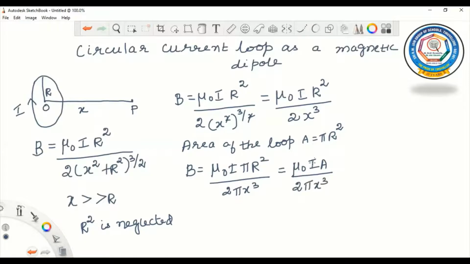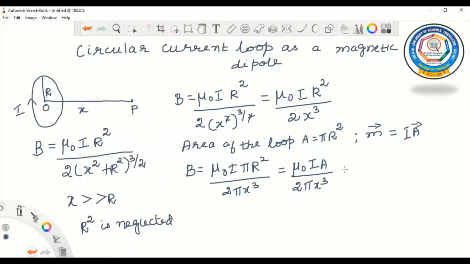Hope all of you remember we discussed magnetic moment in the previous topic. M is equal to I into A. What is this M? M is nothing but the magnetic dipole moment, I into A, where A is the area vector.